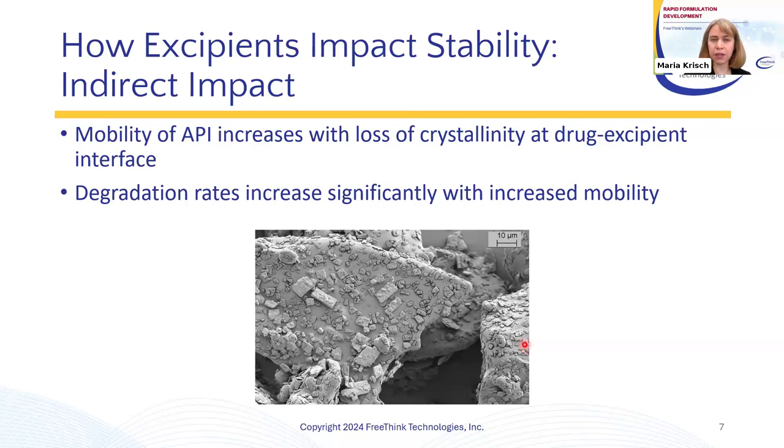That looks extremely different from the interface where one of those crystals is touching the excipient, right? So at an interface, you have less order, you have less structure, and as a result, you have a higher reaction rate. So again, this is an indirect impact. It's changing the reaction rate of the API by a physical process, but this tends to be a very strong effect.